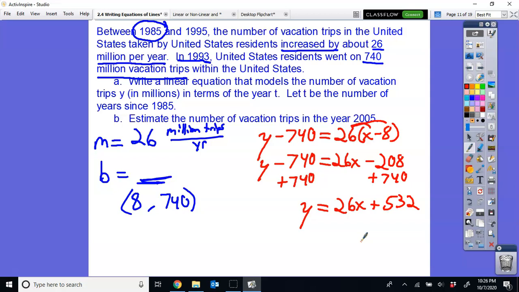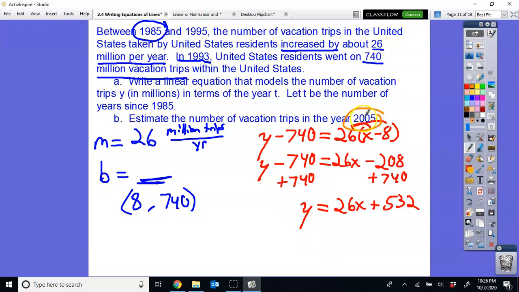Now we're going to do something I talked about on the other problem. We're going to extrapolate a little bit. We're going to estimate the number of vacation trips in the year 2005. 2005 is 20 years later, but that's outside of our original range of numbers to 1995.